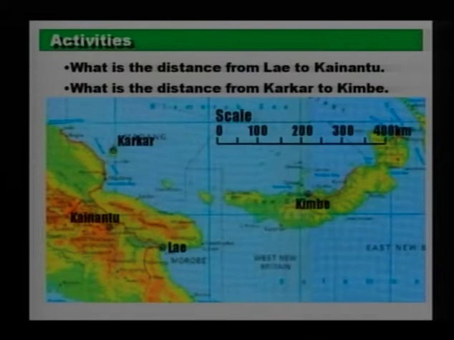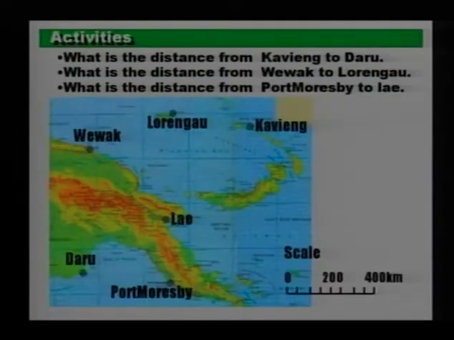Number 2, calculate the distance from Karkar to Kimbe. Number 3, calculate the distance from Kavieng to Daru. Here we are looking at straight line distance, so it should be easy.